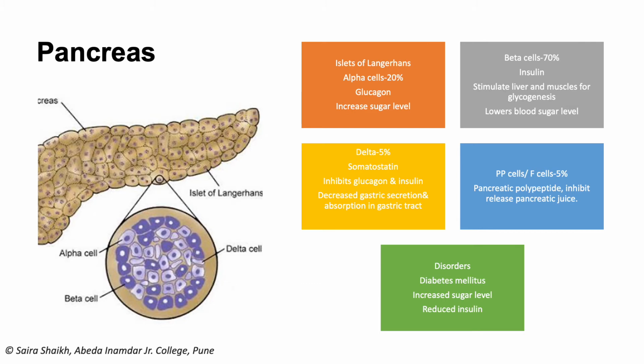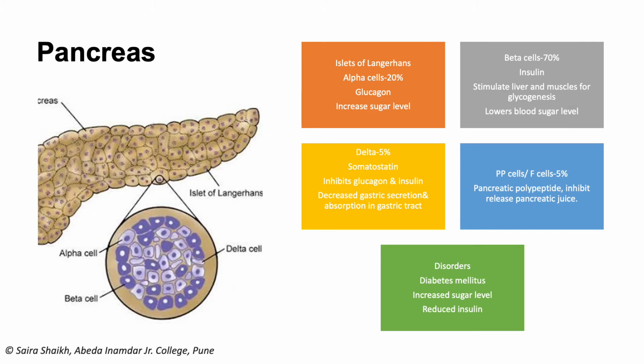The beta cells are about 65% of total islets of Langerhans cells. These are the cells that secrete the hormone insulin. Insulin plays a very important role to decrease the blood sugar level by increasing the synthesis of glycogen in the liver cells.